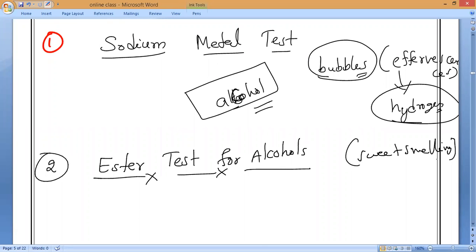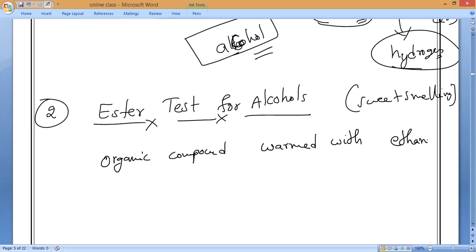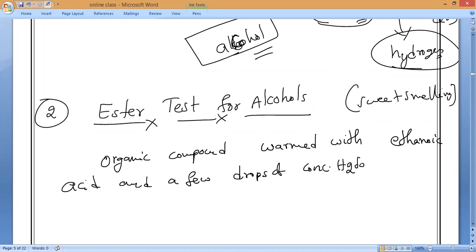If any organic compound is warmed with some ethanoic acid, that is a carboxylic acid, also called acetic acid, in the presence of some concentrated acid, what is that acid called? Sulfuric acid.